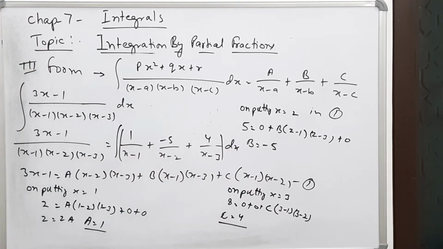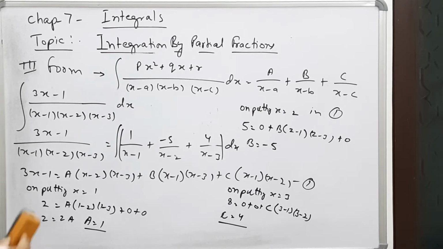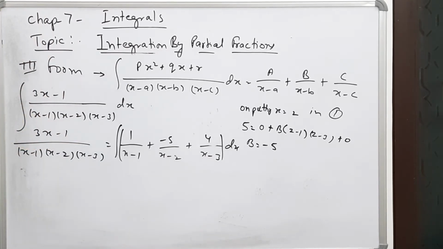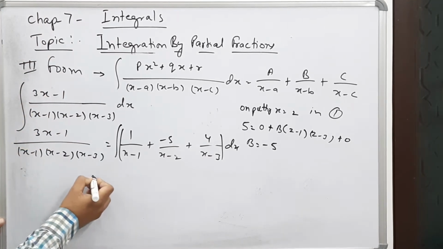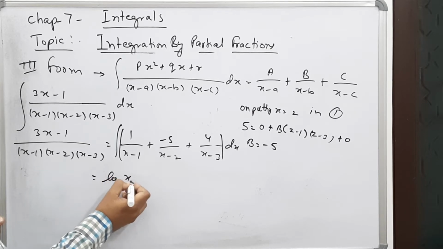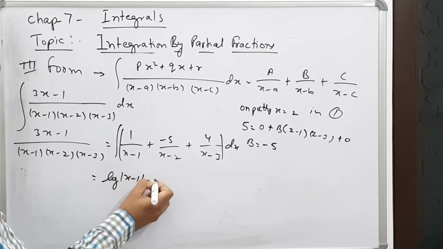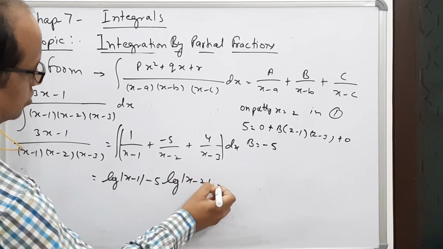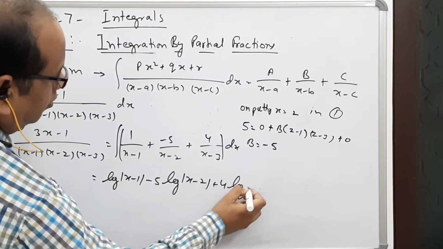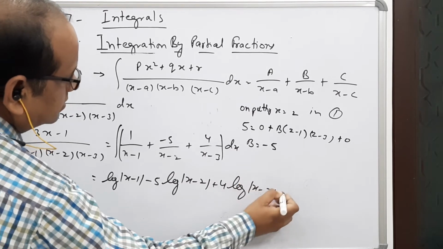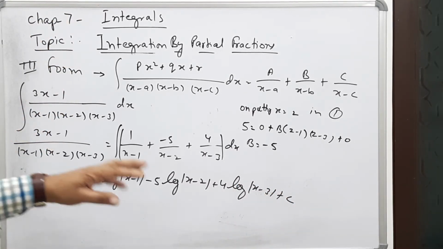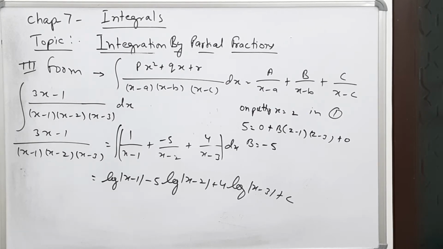When you integrate this part, the answer will be log(x minus 1) minus 5 log(x minus 2) plus 4 log(x minus 3) plus c. So that will be the final answer for this particular sum.